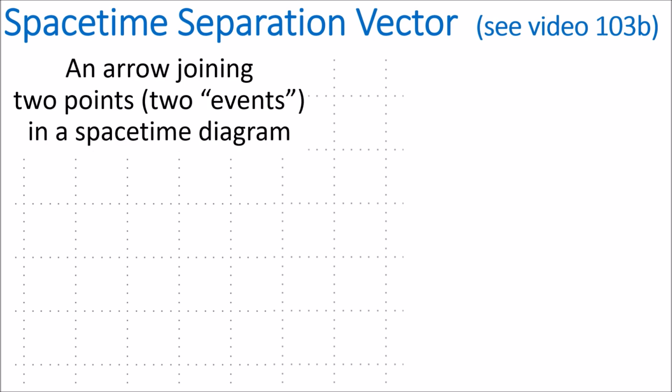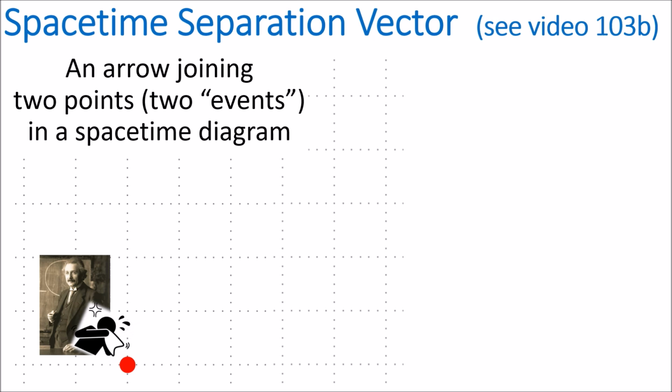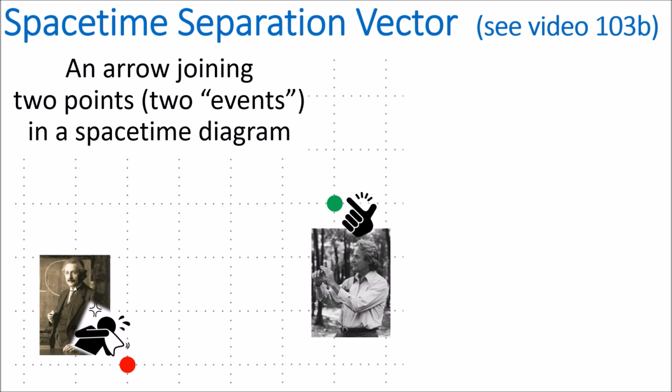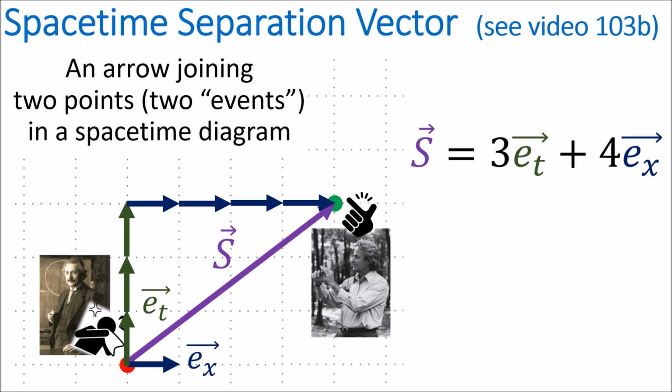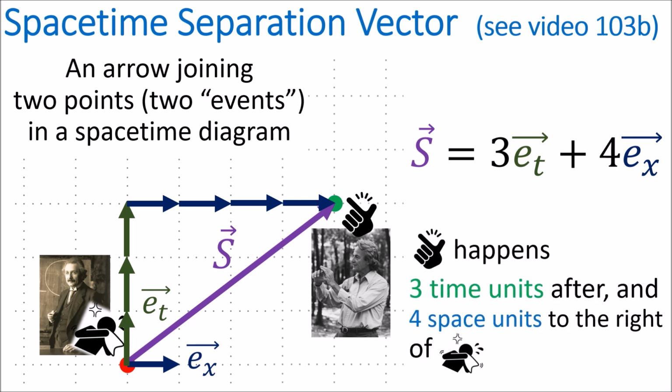Recall that the space-time separation vector is just an arrow joining two events in space-time, such as Albert Einstein sneezing and Richard Feynman snapping his fingers. When we measure the components of this vector using our space-time basis, we get the components 3 and 4. It tells us that Richard Feynman's snap happens 3 seconds into the future and 4 meters to the right of Einstein's sneeze.